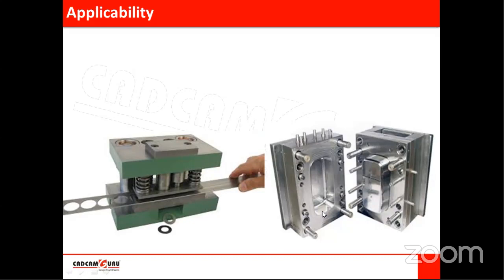One more example is molds, molds used in plastic molding. This is an injection molding tool. Here also, if this mold is not aligned properly... this one is the cavity and this one is the core. It is a container type of component, and you can see it from these two components.